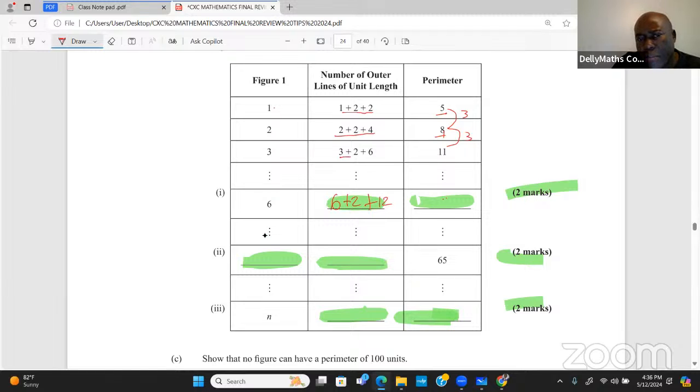Really? 3 plus 2 plus 6 is 11. So that means I could add these up to know what the value here is. 6 plus 2, 8. All right. And then 8 plus 12, 20, my bad. So you can easily look at the pattern. So this is a knowledge question where you could look at the pattern and get it, right?